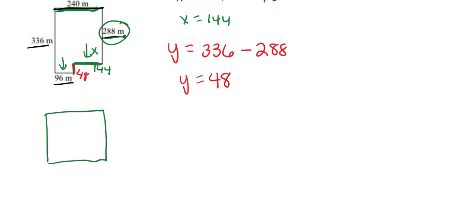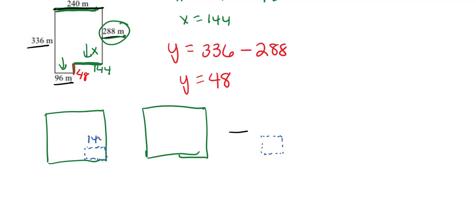Even though we are missing this little bit, we can calculate that second and take this whole big total area and subtract this little part. So you take the whole shape and subtract the small little part from here. This is the 144, and this is the 48. That makes sense.